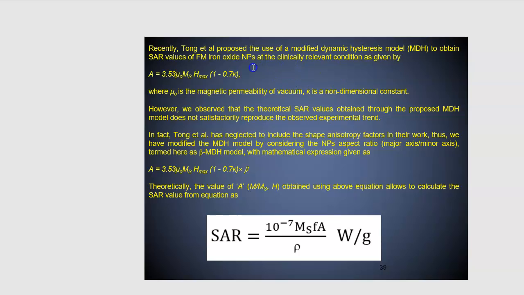Given by this equation, where mu naught is the magnetic permeability and k is a non-dimensional constant.